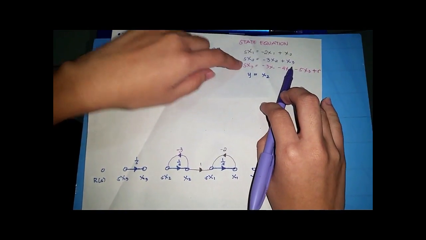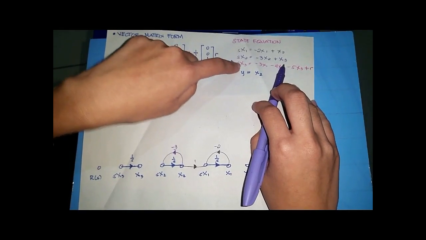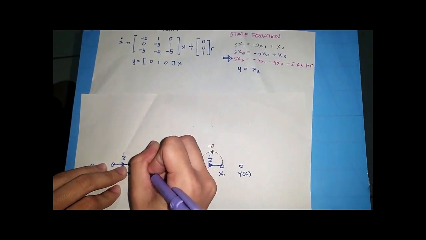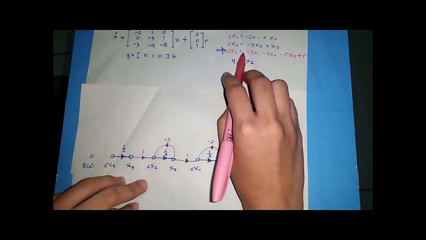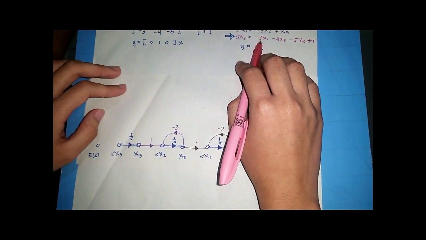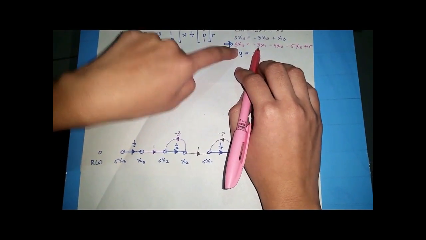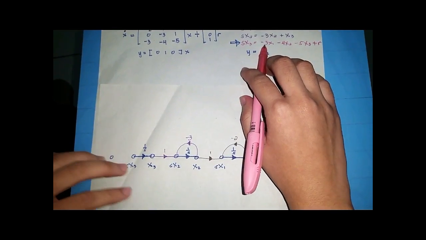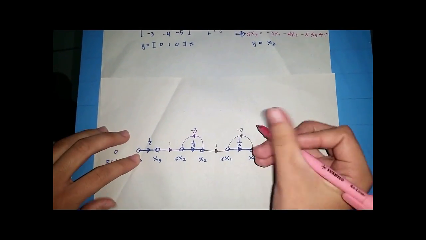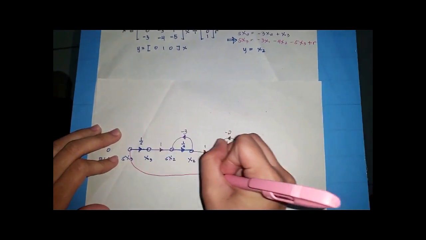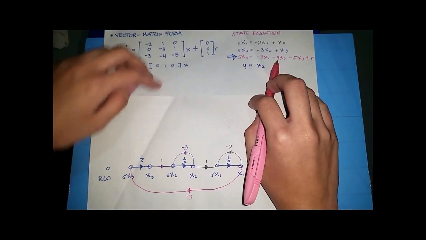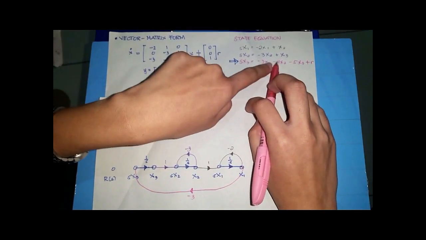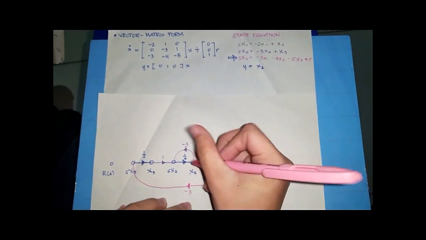From x sub 3 to sx sub 3, there's a signal of 1. From x sub 1 to sx sub 3, we have a signal of negative 3. From x sub 2 to sx sub 3, we have a signal of negative 4.